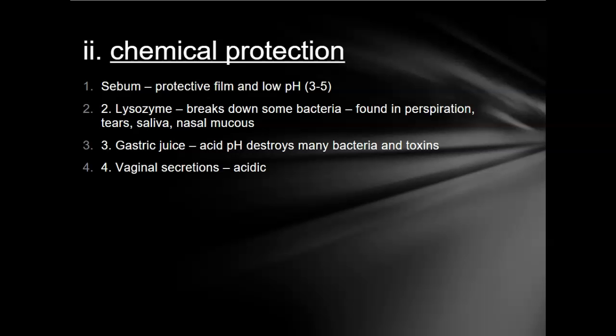Your gastric juices: the stomach has a very low pH, helping to remove bacteria and toxins that you might have ingested. And the vagina, because of the lactobacillus bacteria that is there, actually helps maintain a very low pH to keep invaders out of that area as well.